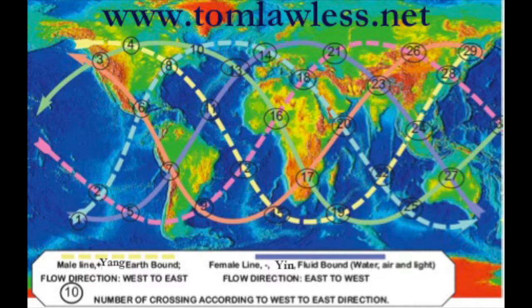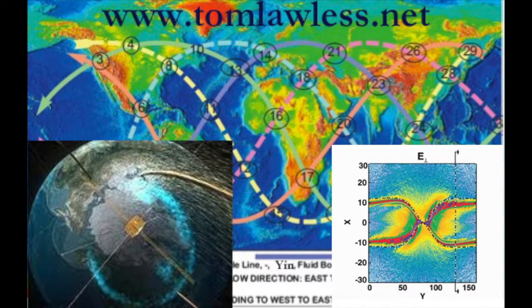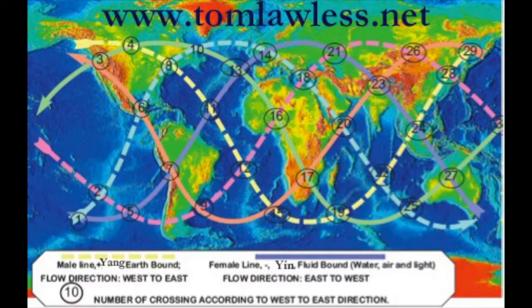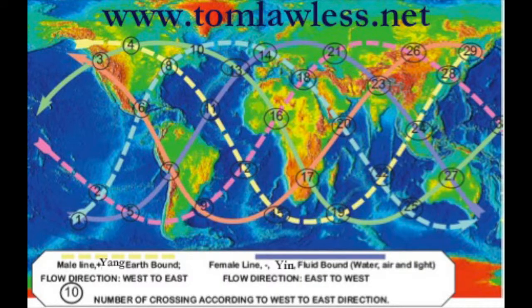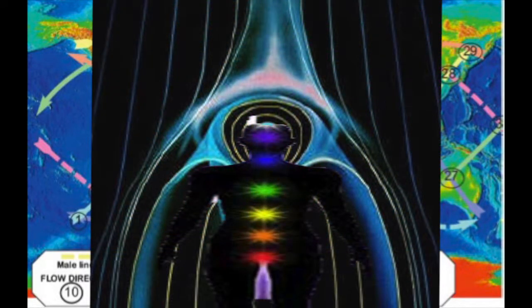In 2008, NASA confirmed our Earth's magnetic connection to the Sun. That is to say that our Earth is connected via portals permanently to the Sun. We are exactly the same model.